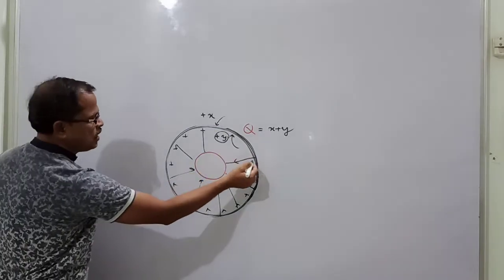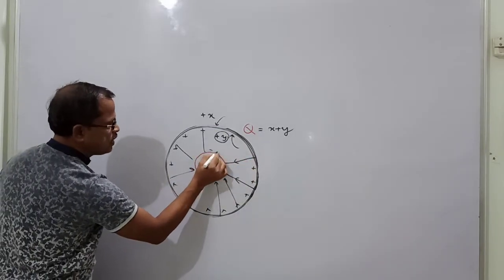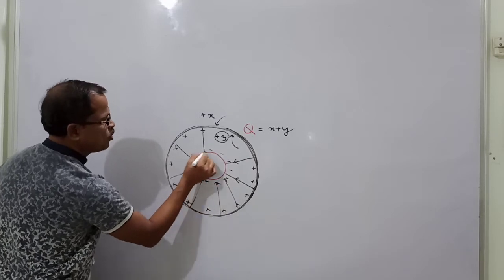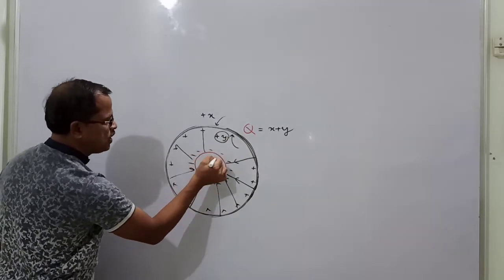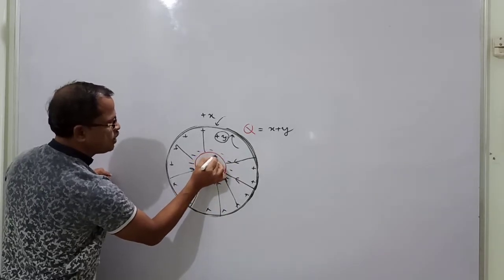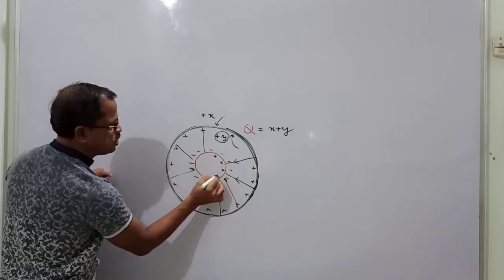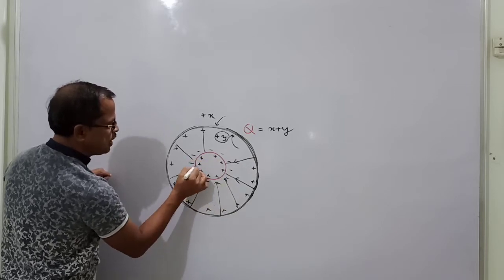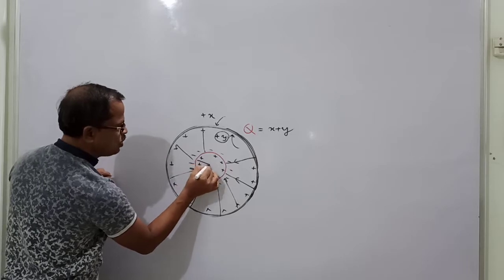When the lines of force are produced, negative charge will be induced here, because lines of force always go from positive charge to negative charge. If negative charge is on the outer surface of the inner sphere, then positive charge will be induced on the inner part of the sphere. When positive charge is induced, again it produces its own lines of force.